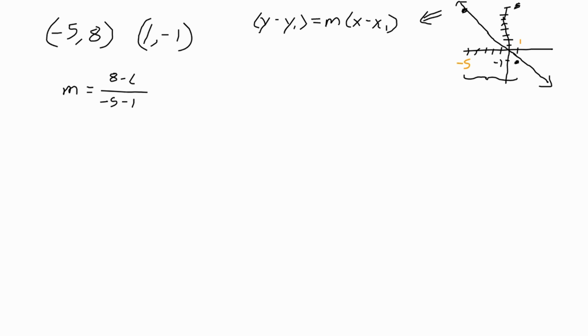Good. So 8 minus -1. Okay, hold on. So this tells me that my slope is going to go 9 over -6. In other words, you're going to go down 9 over 6, or left 6, up 9.